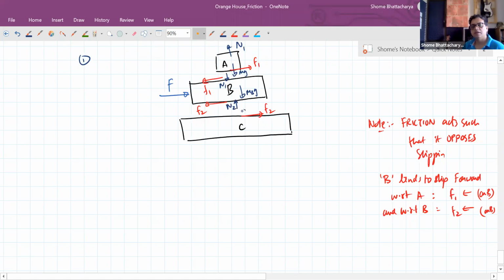Now on C there will be N2, C's own weight and some N3. So you'll also see that N1 is equal to weight of A, so that is equal to 20. N2 is equal to N1 plus weight of B.